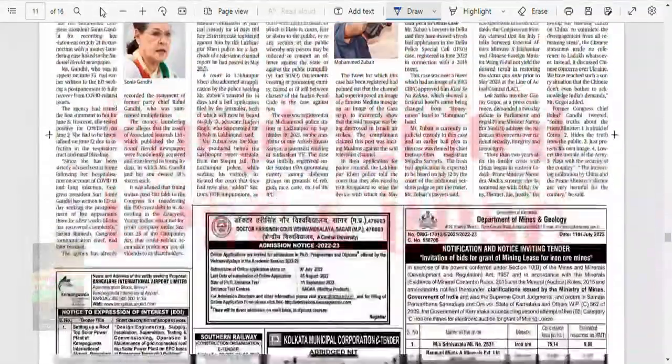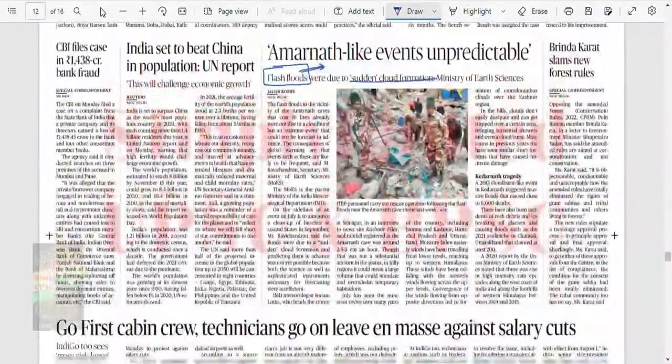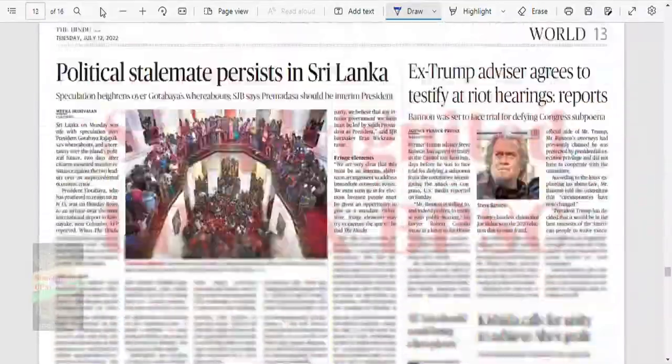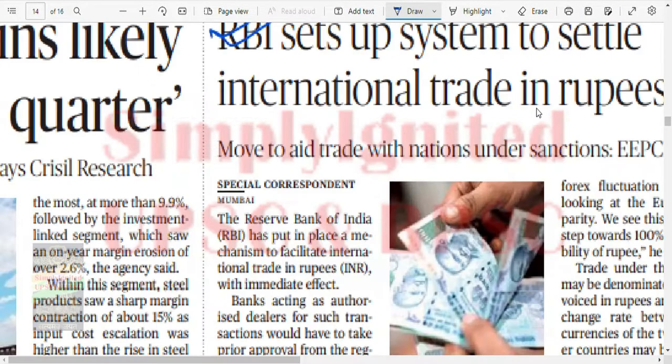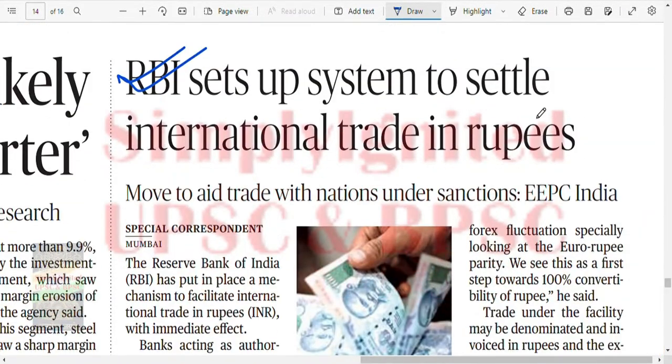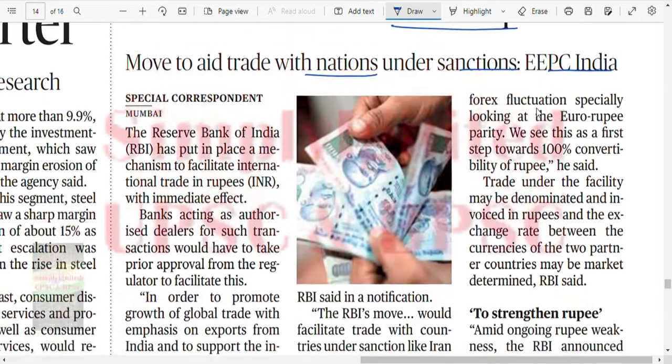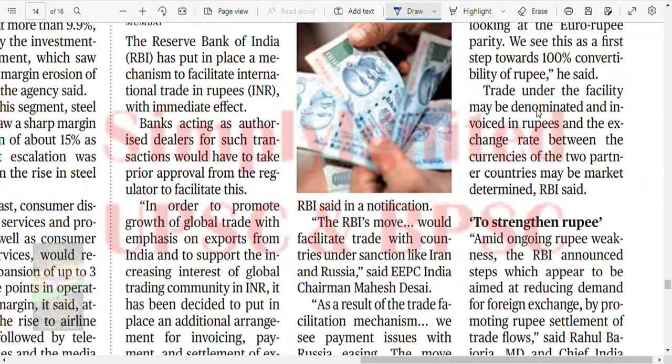Okay, one news was there on that economy page, na? Here we go. RBI sets up system to settle international trade in rupee, a move to aid trade with nations under sanctions. Okay, the RBI has put in place a mechanism to facilitate international trade in rupee with immediate effect.